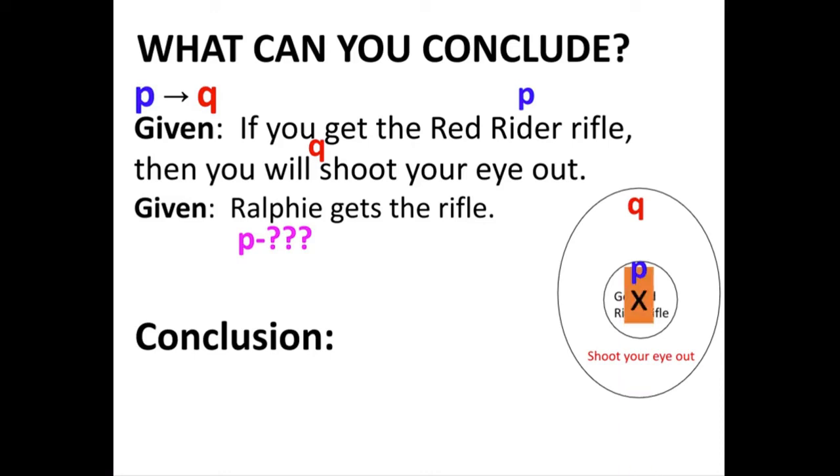And since I'm hitting that bullseye, or since I'm logically identical to the hypothesis, I can actually make a conclusion. But the only conclusion that I can make here is the conclusion of the original conditional, which was Ralphie shoots his eye out. So I can logically conclude from these two statements that Ralphie shoots his eye out.